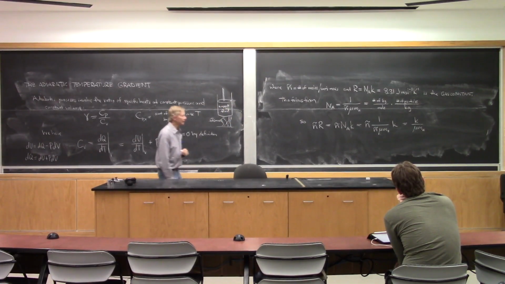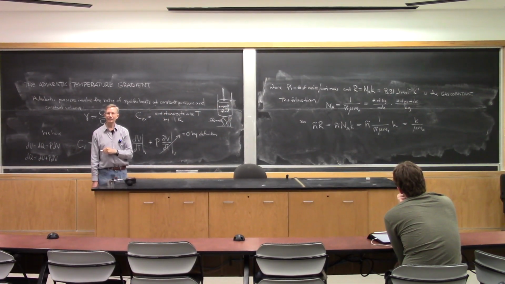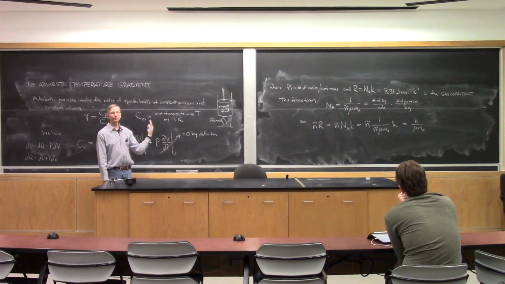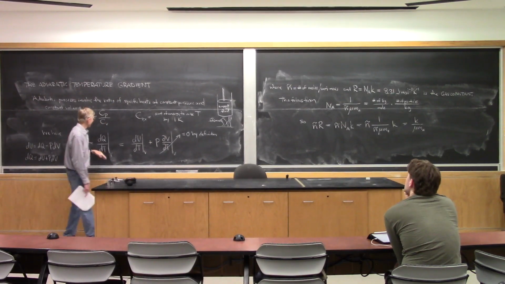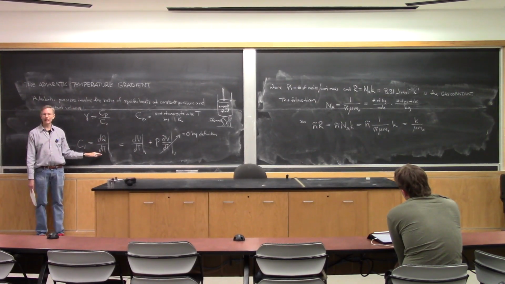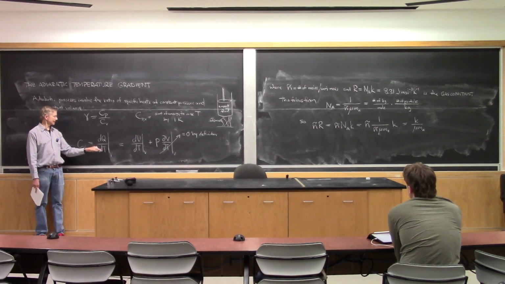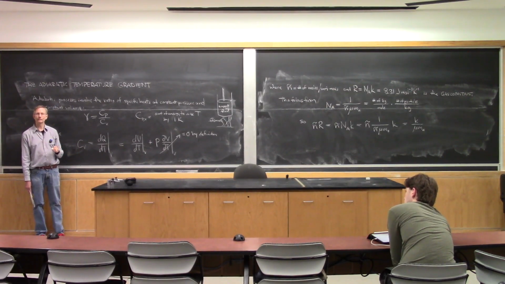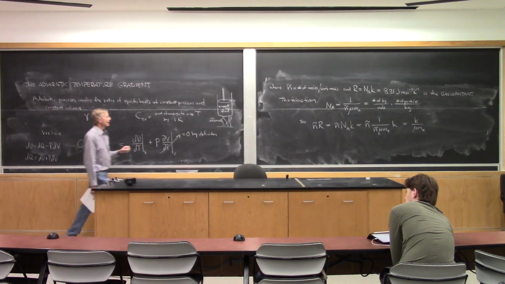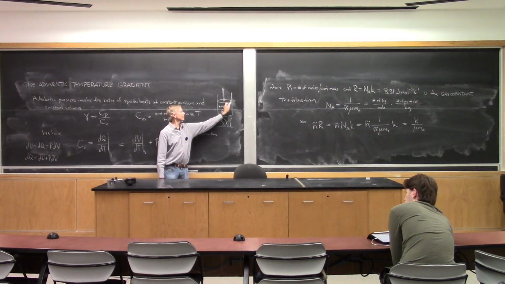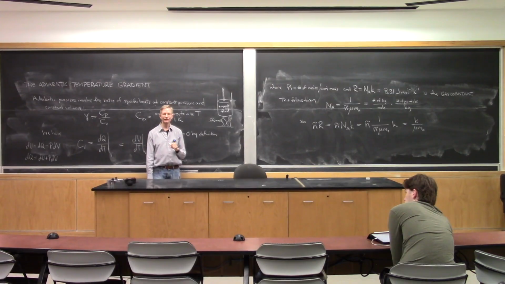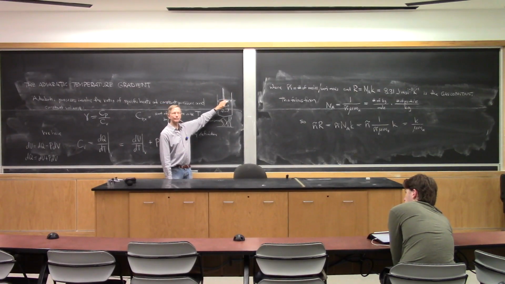We're heating up that trapped fluid and seeing how much its temperature rises, taking how much heat it absorbed and dividing it by how much the temperature changed. That is the specific heat at constant volume. How do I make this stay at constant volume? What has to be true about that piston? Can the piston move? No. So you have to lock the piston in place.